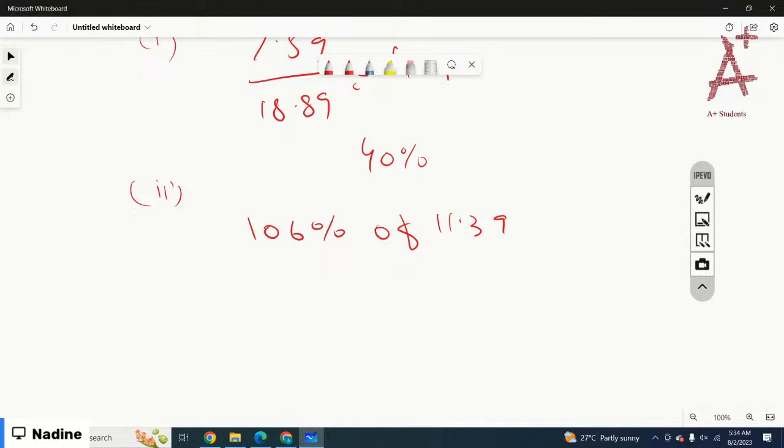So let me just calculate. 106 divided by 100, 1.06 times 11.39, that is 12.07. That means the cost including tax is $12.07. That is the sale price including tax, right?